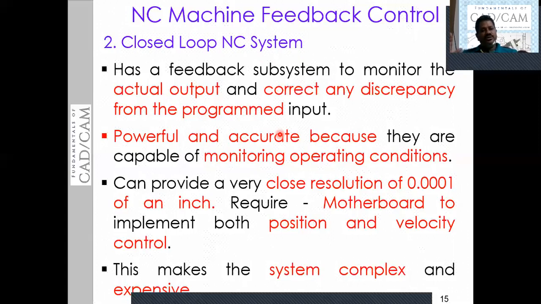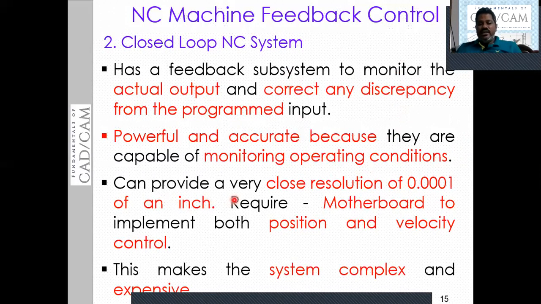So this closed loop system is going to consider the operating conditions. I mean, this closed loop control system is also going to monitor the operating conditions. According to the conditions, the feedback signal will be adjusted, and according to that, the movement of the tool and the movement of the table will be adjusted to get the accurate movement.